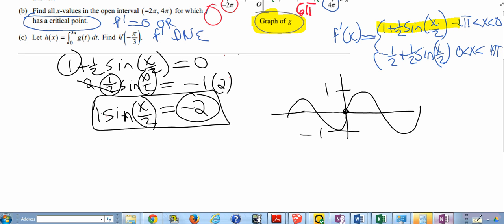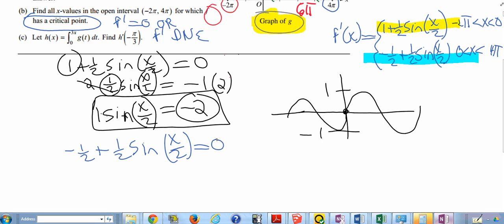Let's change to blue, and let's take a look at the second part of this. We'll set that equal to 0. So we have a negative 1/2 plus 1/2 of sine of x over 2, setting it equal to 0.